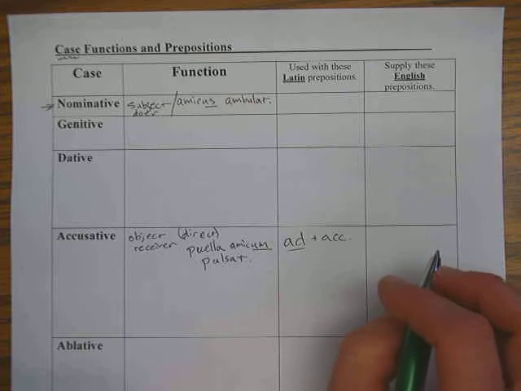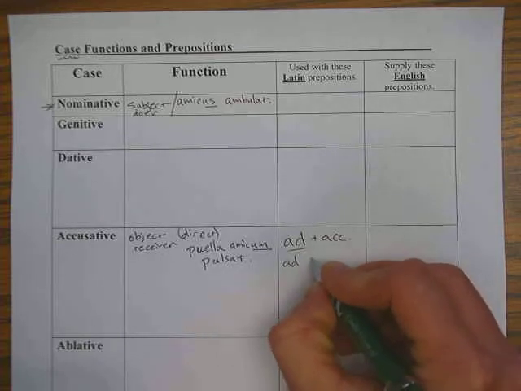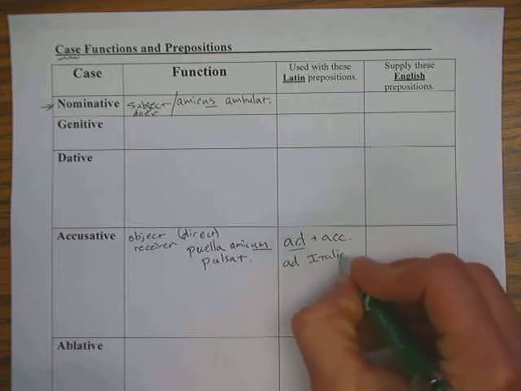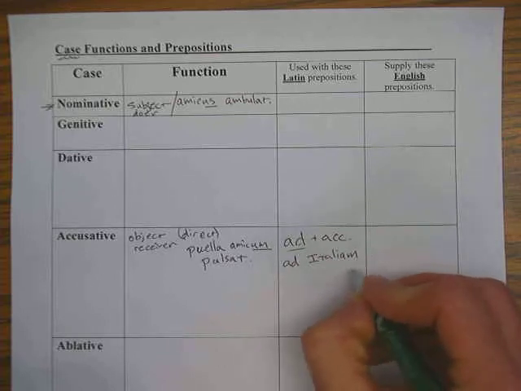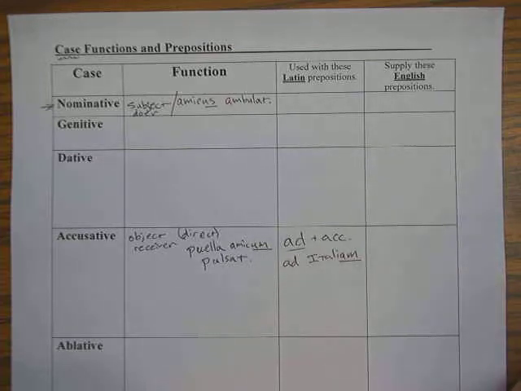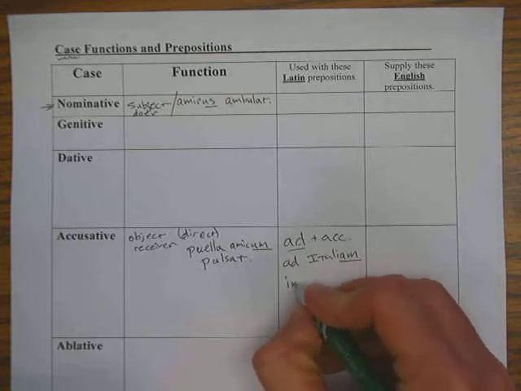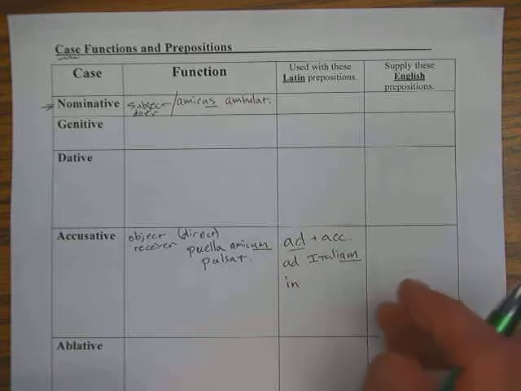So if you're going to go to a place, I'm going to go ad Italiam. Then I have to put Italia, which is the nominative, in the accusative case. This is just the way that Latin does it. Ad Italiam. You could also use it with in.